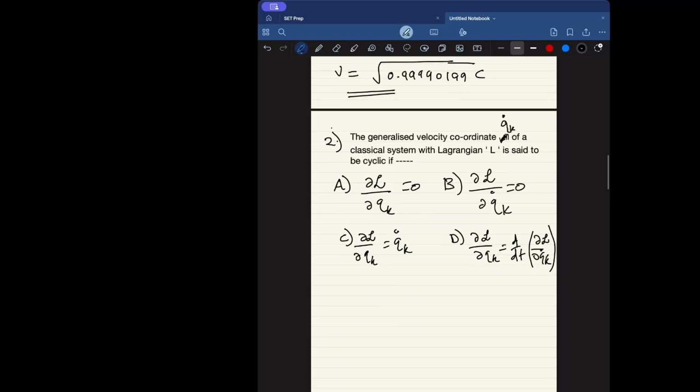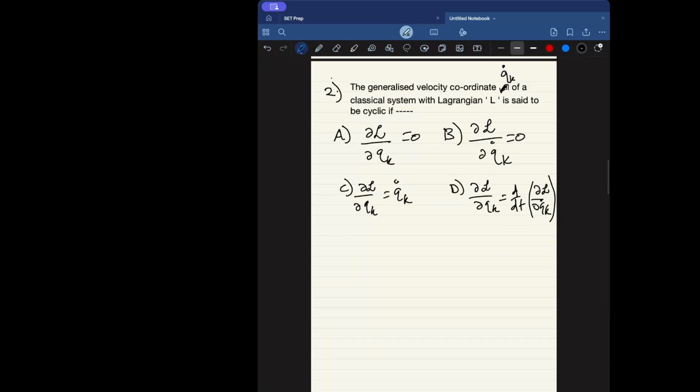Let's go to the next question. The generalized velocity coordinate qk dot of a classical system with Lagrangian L is said to be cyclic.